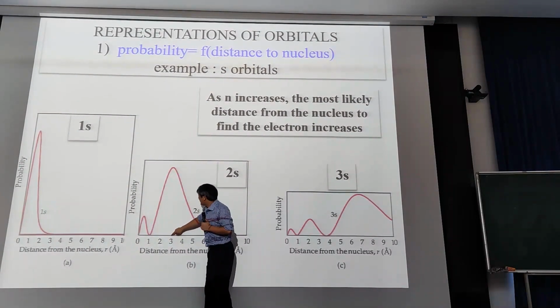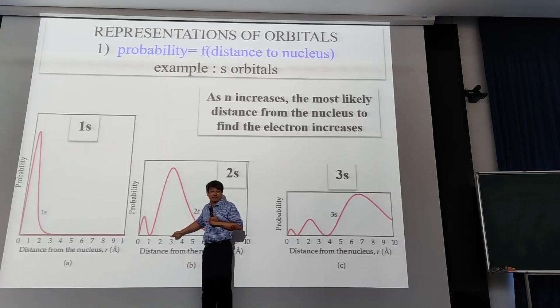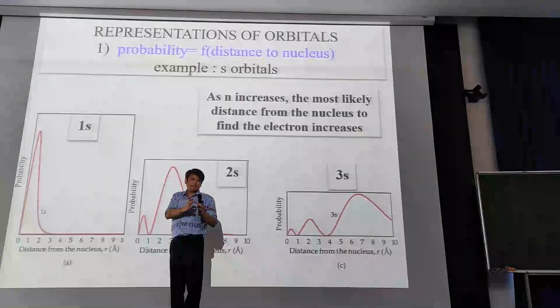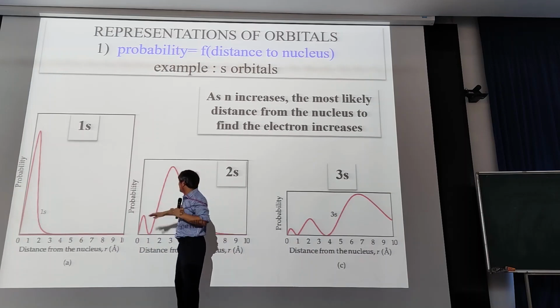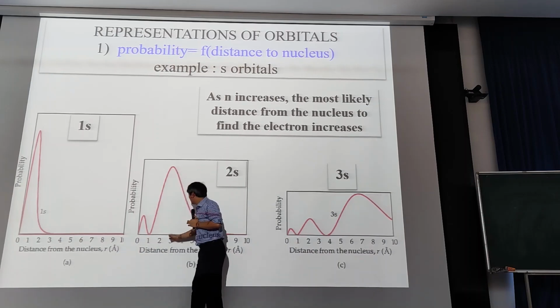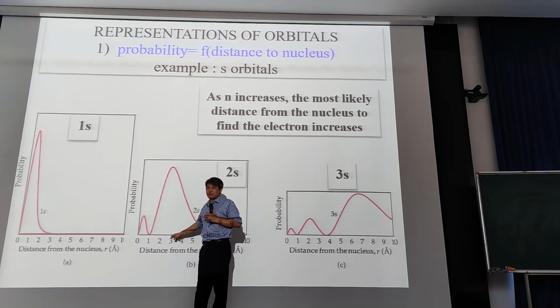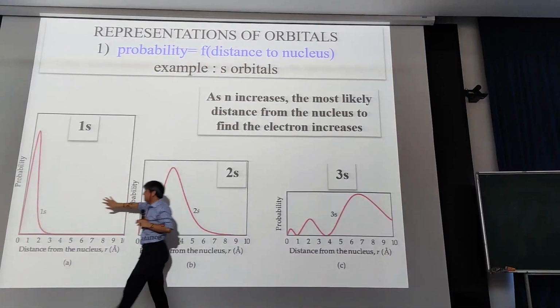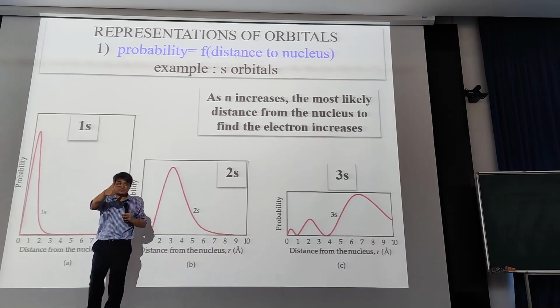But most of the time you will find the electron at a distance of about 3 angstrom from the nucleus. So you can see that at some moment in orbital 2s, the electron gets closer to the nucleus. But most of the time it will stay far from the nucleus at a distance of about 3 angstrom. We would say that the orbital 2s is bigger than orbital 1s.